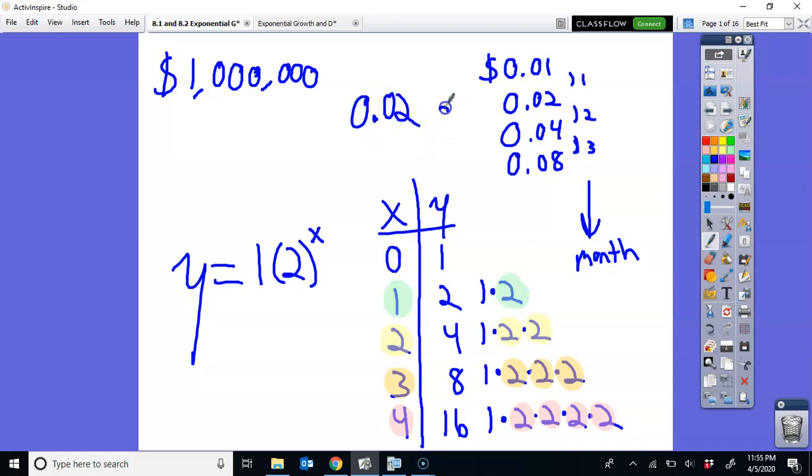You gained another whole 2 cents to get to 0.04 cents. And then to 0.04, you added 100% of what you had before to get to 0.08. So you are gaining 100% every single day. That is what we call an exponential function.